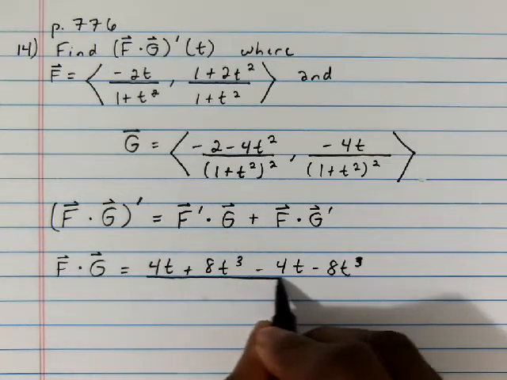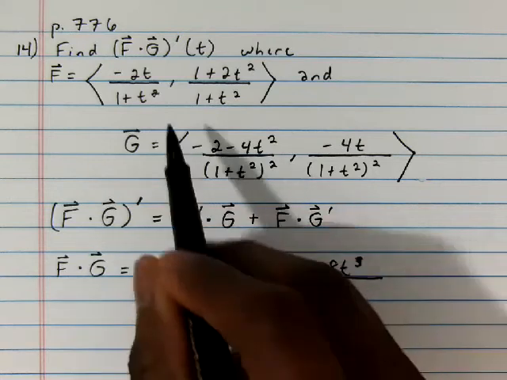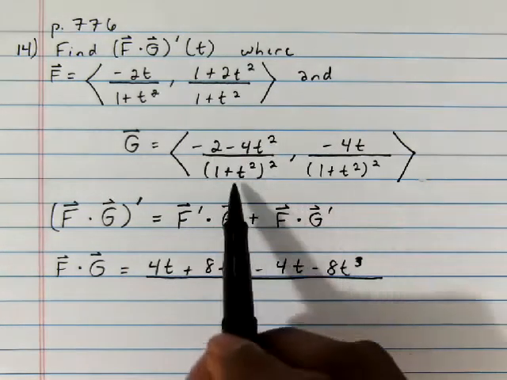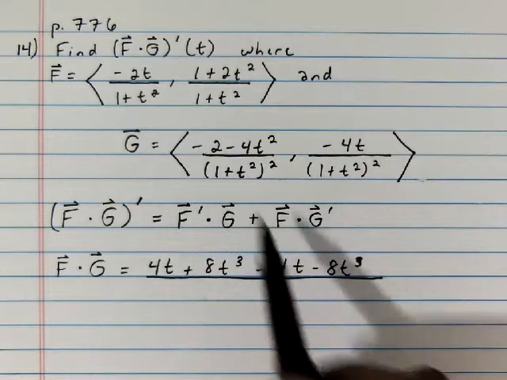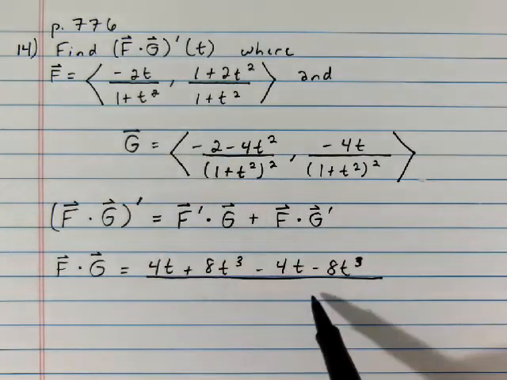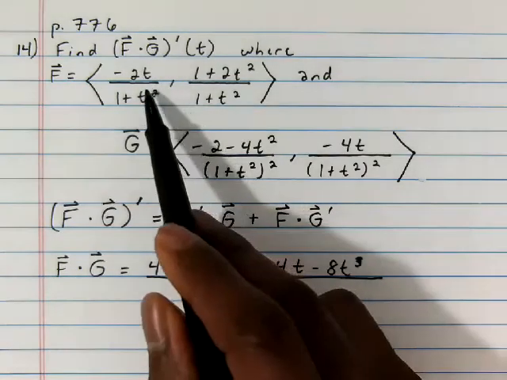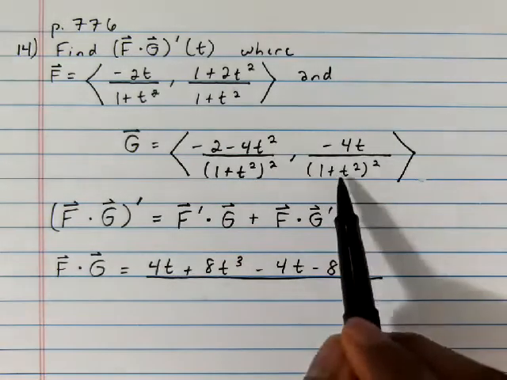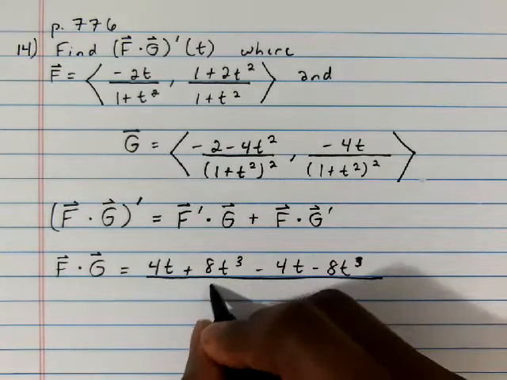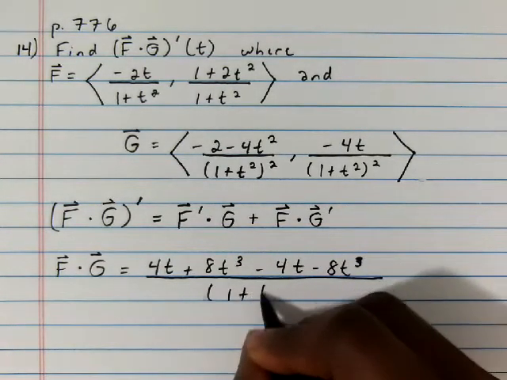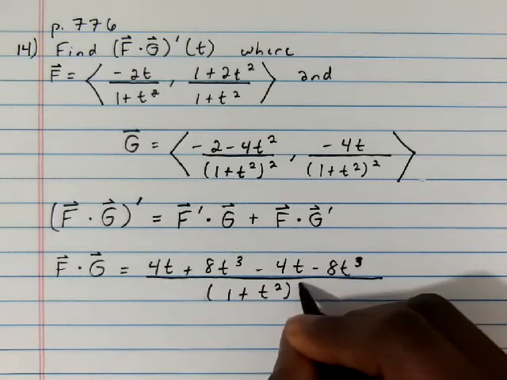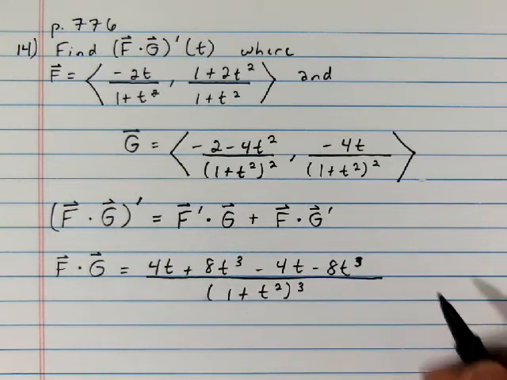This is all over, so I just looked at the fact these denominators are the same and those denominators are the same. So we're just making one common denominator for the sum, because it's really this times this plus that times that. So this is 1 plus t squared quantity cubed, but the numerator is 0 though.